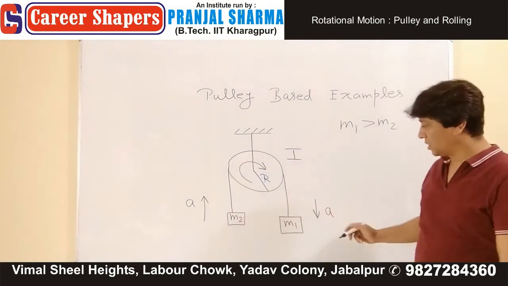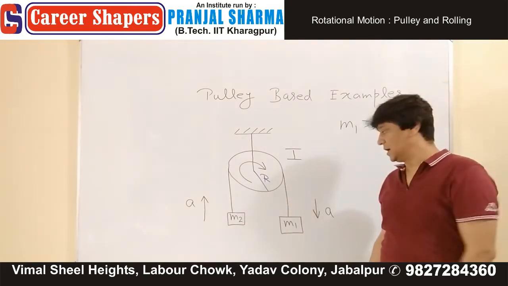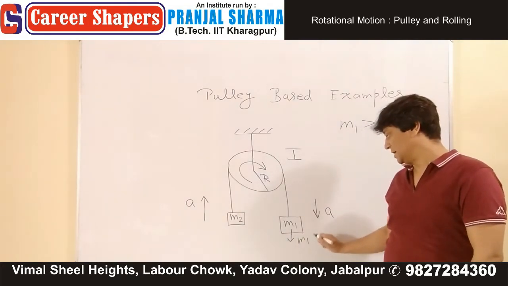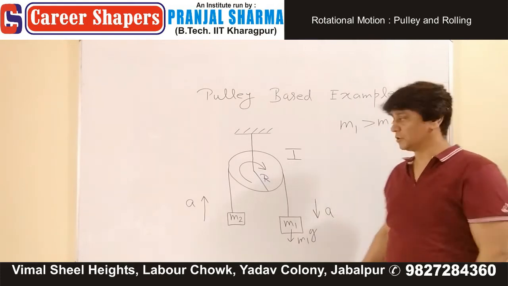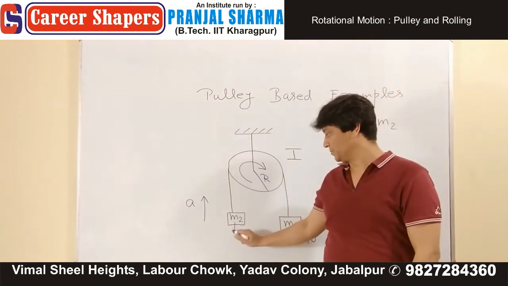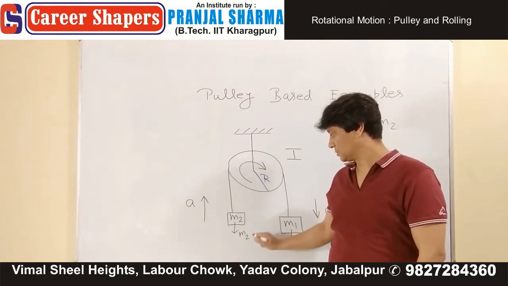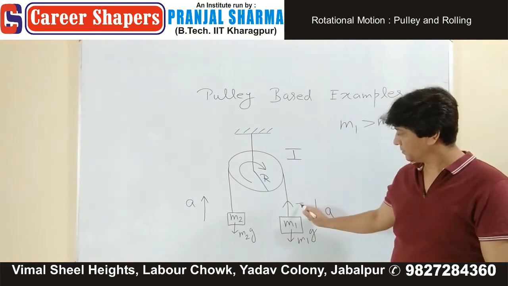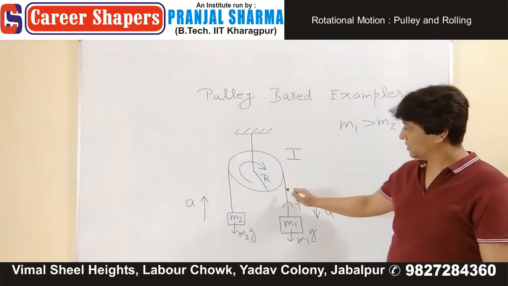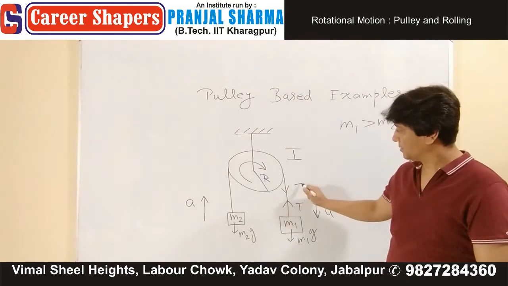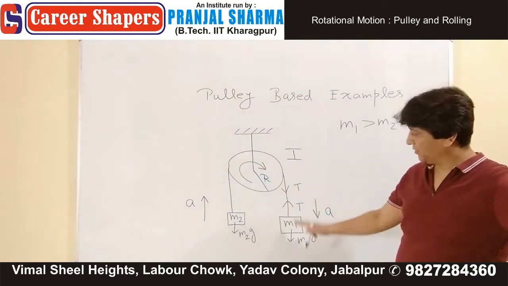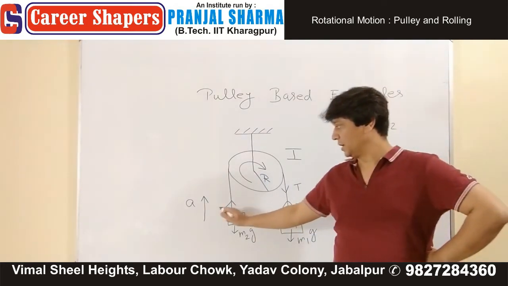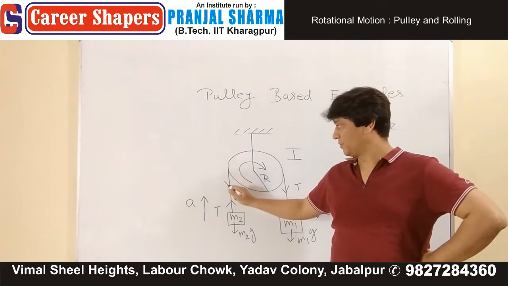Now, to find acceleration, we draw free body diagrams, and those things are exactly same as they were in laws of motion. This is N1G, this is N2G. This is T. This is T. Tension, away from the body, away from the body, away from the body, and away from the body.